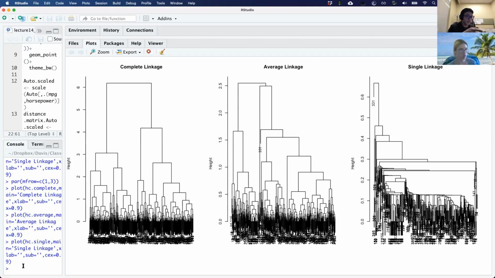But anyways, what I was mentioning in the notes is that the complete and the average tend to have the most balanced clusters.